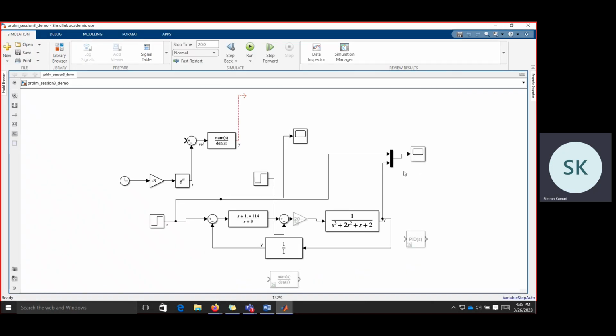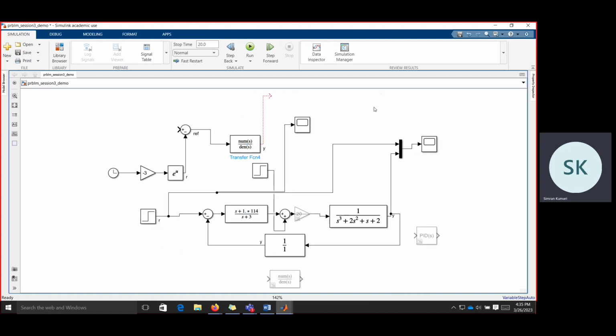It is basically a block-based simulation environment. We can have different blocks needed for control system design and control system analysis. There are also different blocks for different purposes, but we'll deal with that one.